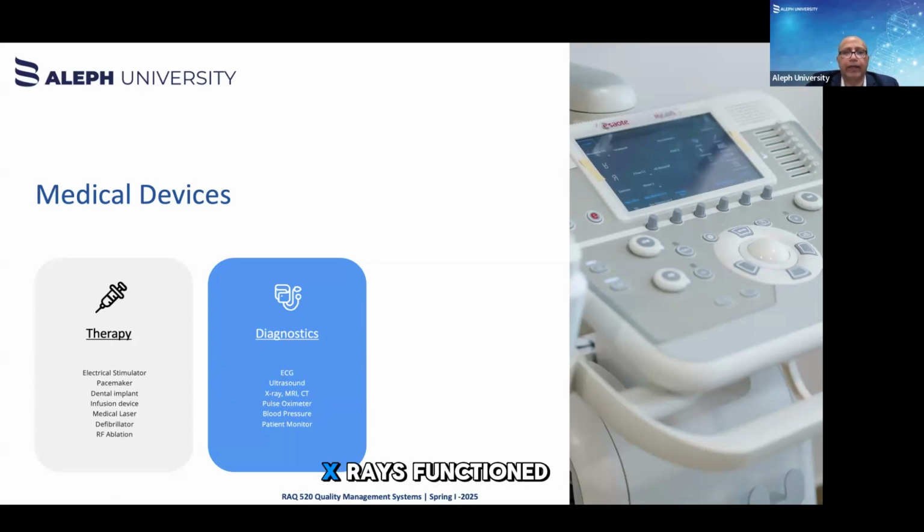X-rays, MRI, CTs are examples of medical devices that are used for imaging the body. X-rays function by ionizing radiation. MRI is through magnetic fields, oscillation of some molecules. Computer tomography is like an X-ray, but in 2 or 3 dimensions. Pulse oximeter is another device to check for oxygen content in the blood.